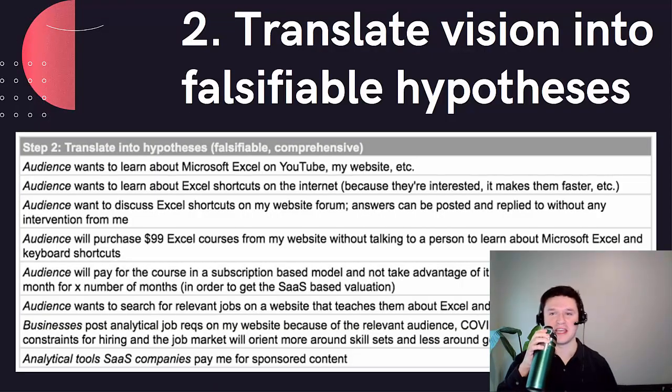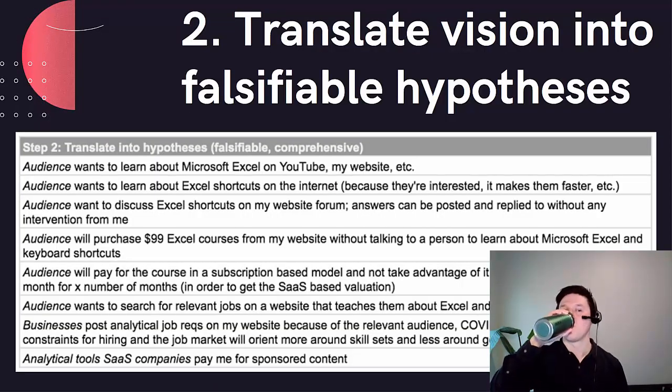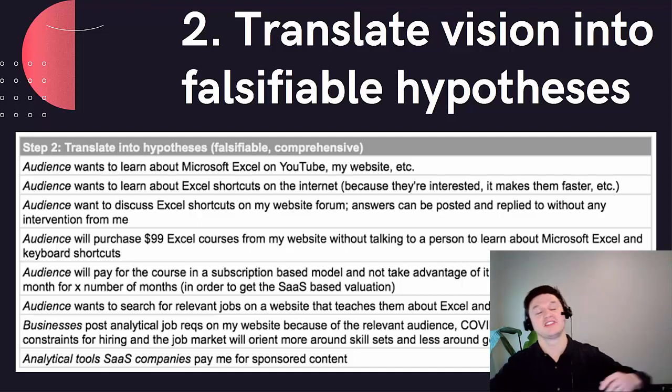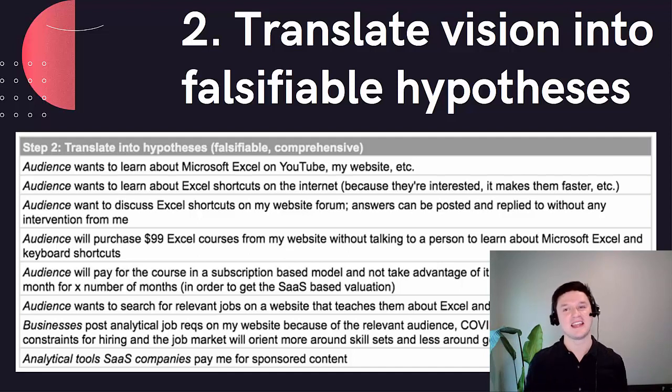And so the second step is you want to translate that vision into falsifiable hypotheses. So you've got this big, grandiose vision. You need to translate those into falsifiable hypotheses. And the most important part is falsifiability, because that's what allows you to go out and test and determine whether you're making the right assumptions about your business.